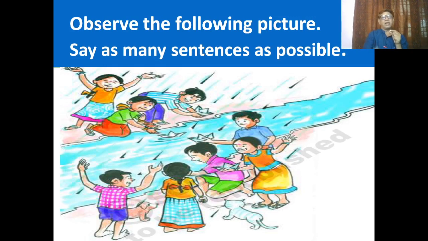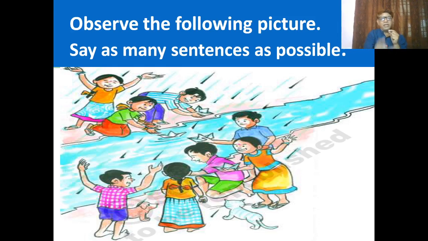Now observe this picture. Let us see how many sentences we can frame by using this picture. Whenever we display this picture, thoughts will be generated in the minds of the children, like children, boys, girls, playing, boats, paper boats, shouting, a puppy, a kitten, rain.